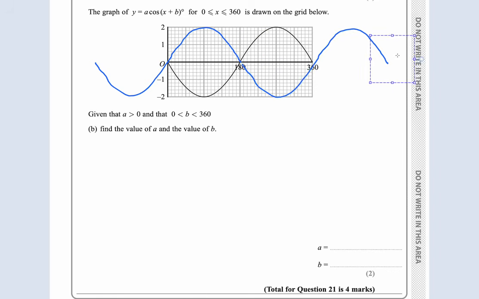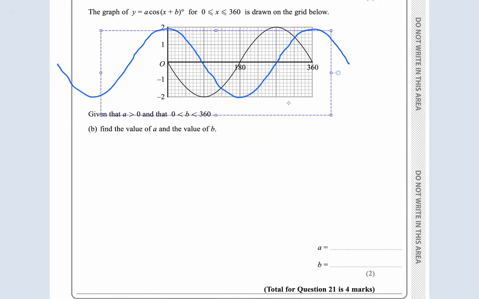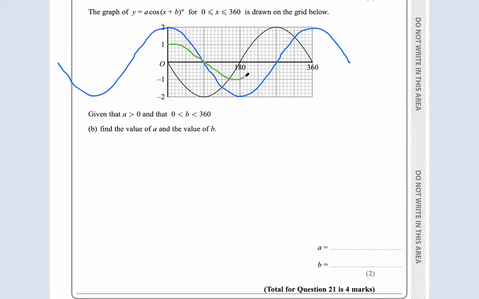It continues like this. That's a cosine graph. But no, sorry, I meant it starts here. It starts at the top. Okay? Now, normally it starts at 1, but because it has been stretched vertically, so normally it would start at 1 and go down like this to -1 and then go up like this.